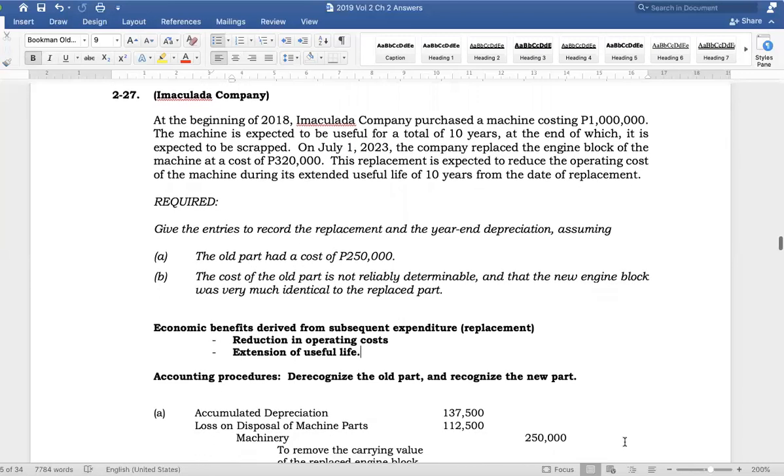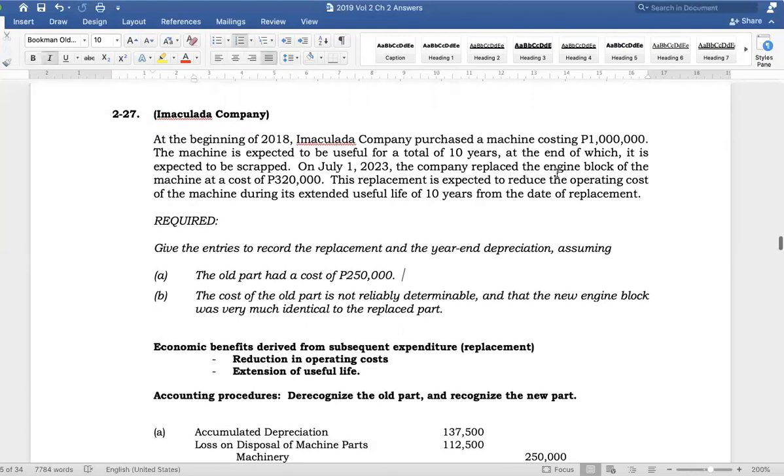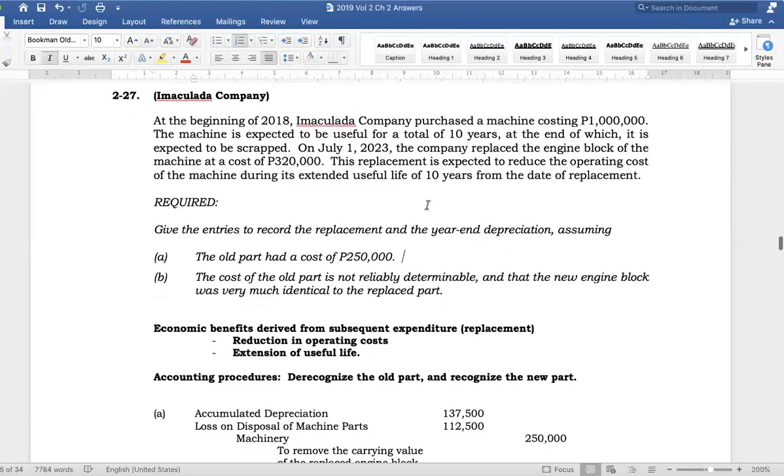Therefore, we compute for the accumulated depreciation of the old part. The old part in letter A had a cost of 250,000, and originally it was estimated to have a total life of 10 years. And it was replaced July 1, 2023.